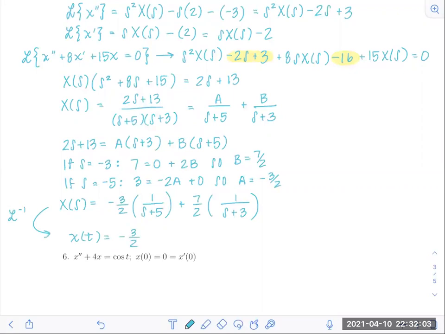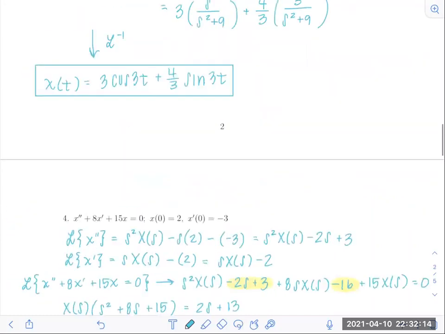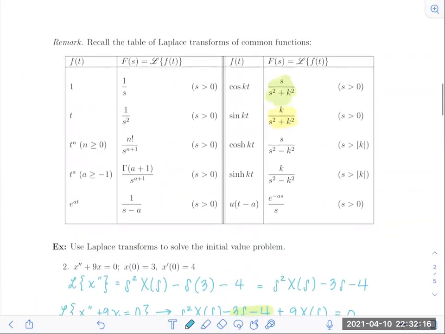So I'm going to recopy my coefficient. And the question is, what is the inverse transform of 1 over s plus 5? So I'm going to scroll back up to the table of transforms. And I'm going to write off to the side what we have is 1 over s plus 5. That appears to be closest to this formula. So I could rewrite it as 1 over s minus a, with a being -5.